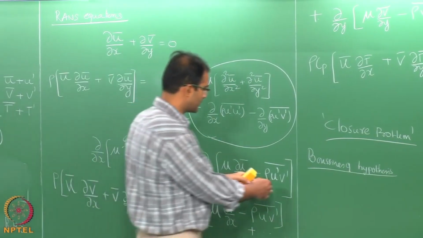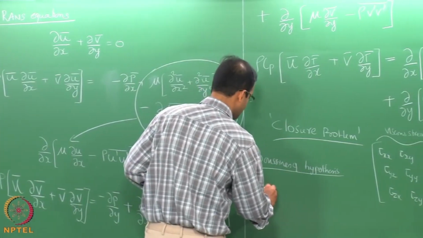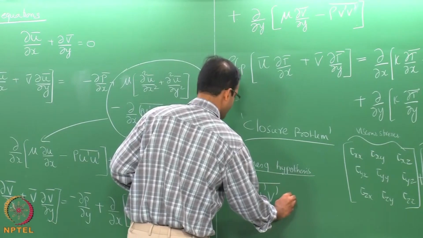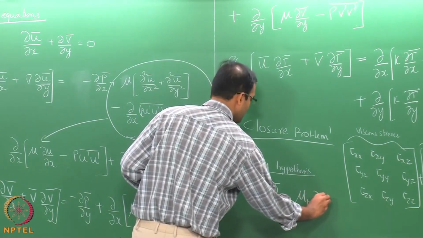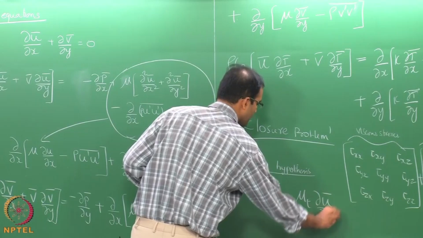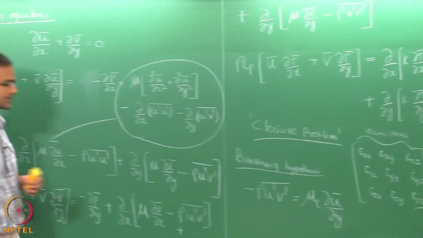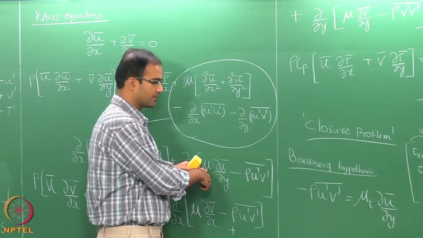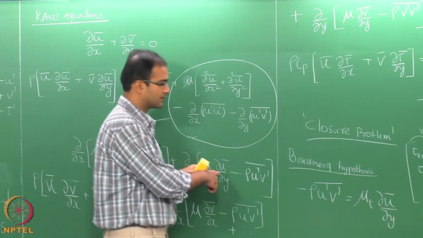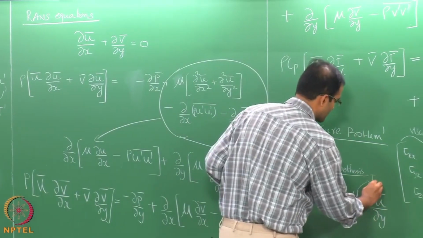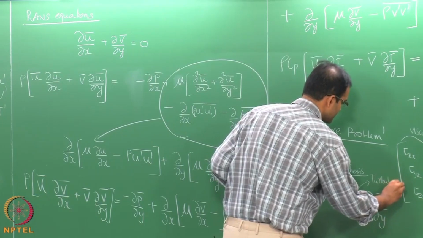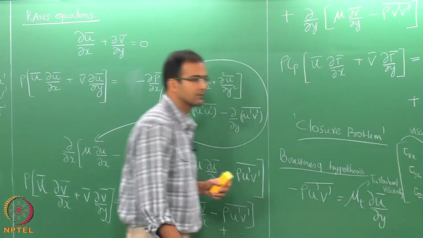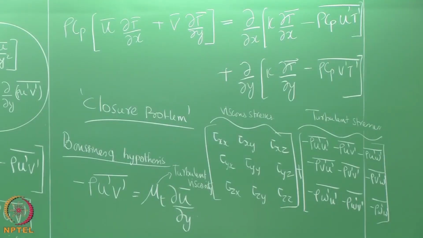So, for example, in this particular equation we can simply say minus rho u prime v prime bar is equal to mu t into du bar by dy, just analogous to the molecular diffusion, but I am going to replace my dynamic viscosity, molecular viscosity, with what is called the turbulent viscosity. Correct. So, in doing so, now I have closed the problem.